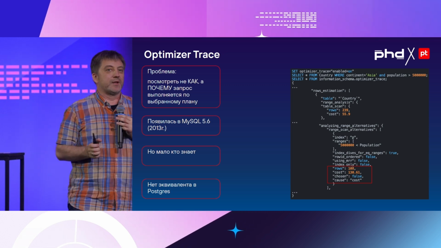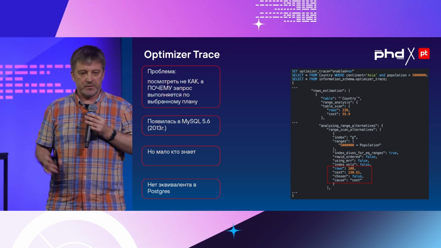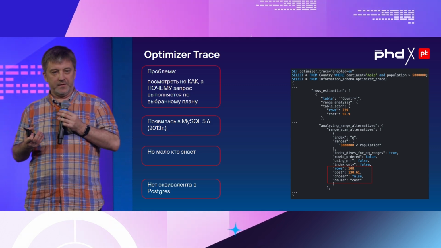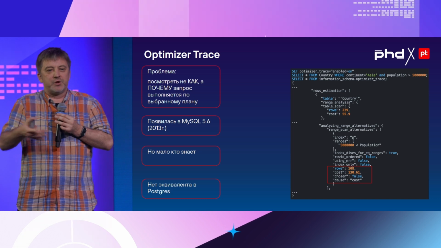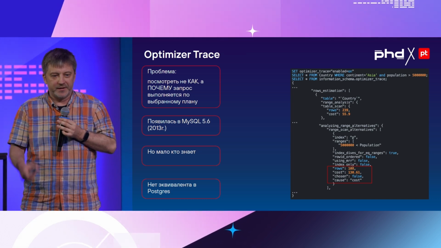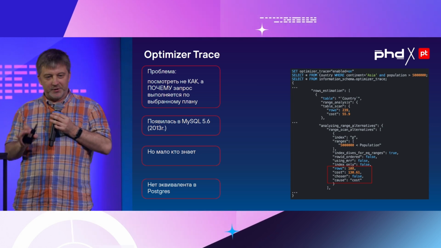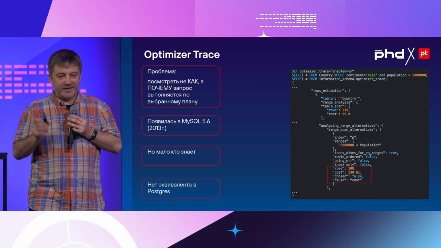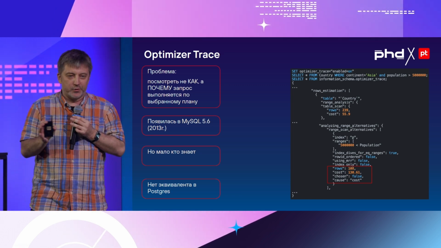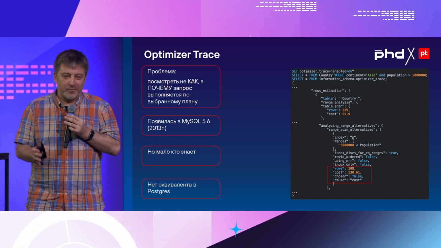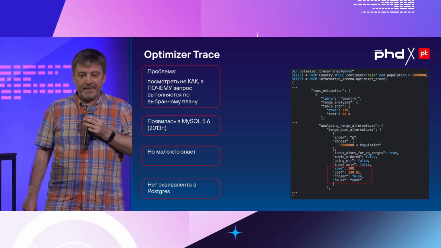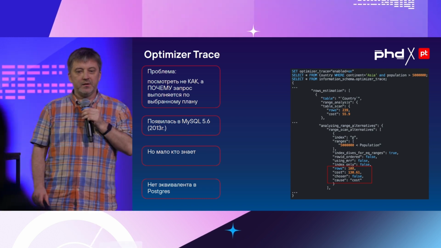Optimizer trace is also a curious and interesting thing. In an actual case, it saves the situation, saves the day. What does it do? It shows the execution of the request. It explains why the optimizer has decided to implement this plan. And again, I've talked to developers, and they said, had Postgres had a similar feature, we would be ready to kill for it.